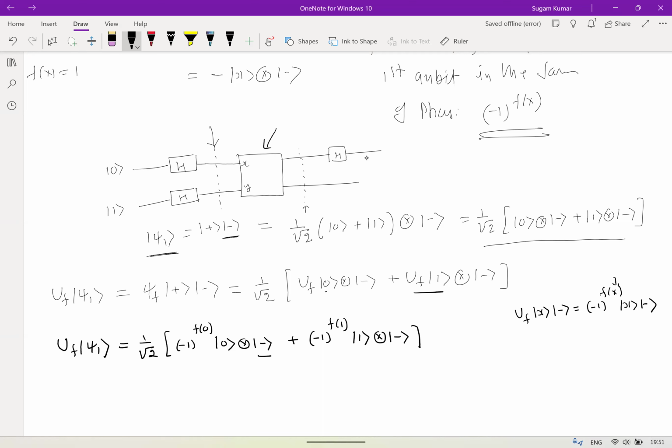Now here I can take the minus out from this whole equation. So this is going to become 1 by root 2, minus 1 power F0 and 0 state plus minus 1 power F1 and 1 state, tensor product negative.